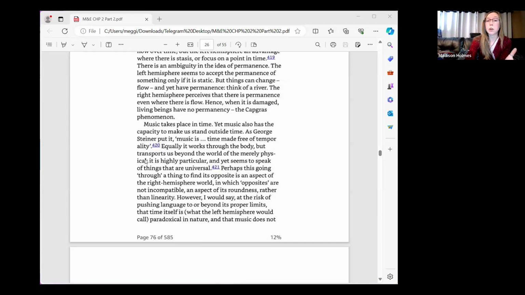The McGilchrist phenomenon. Music takes place in time, yet music also has the capacity to make us stand outside time. As George Steiner put it, music is time made free of temporality. Equally, it works through the body, but transports us beyond the world of the merely physical.